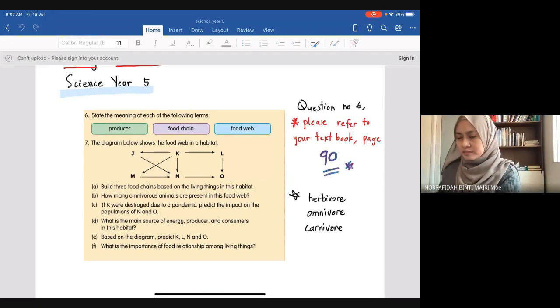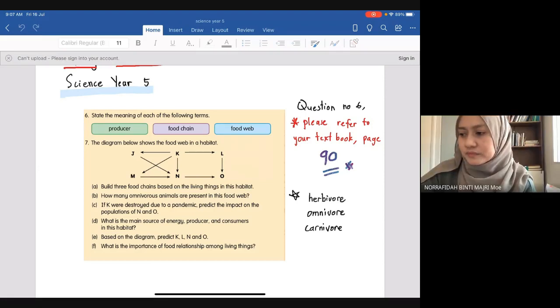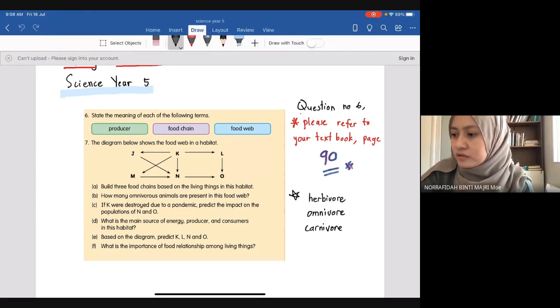I will explain how to do this. For question number 6, please refer to your textbook, page 90.